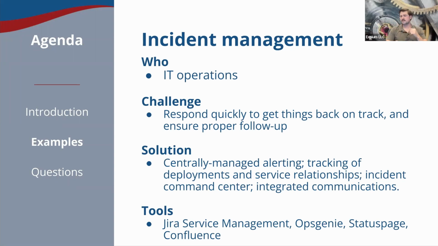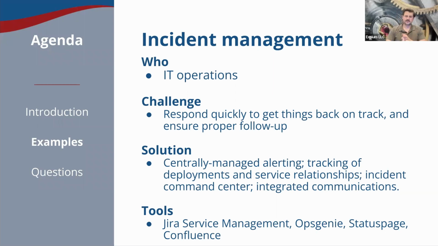responding to them. The solution is a centrally managed alerting system, which is actually named Opsgenie and integrated with Jira Service Management. We also use Bitbucket to manage our deployments. We have service relationships, as well as an incident command center and integrated communications, all to help us swarm around incidents that may be created and quickly resolve them.